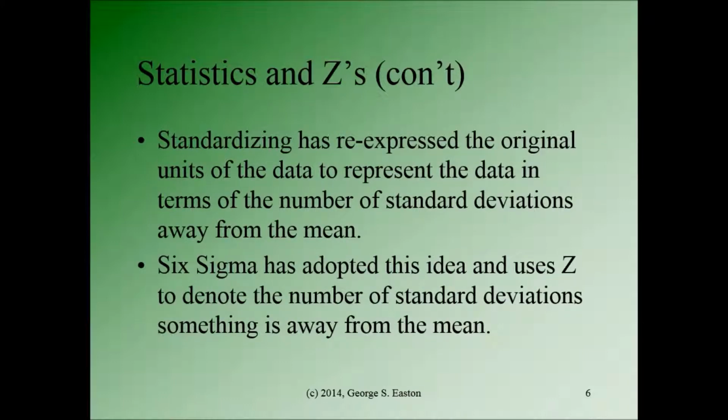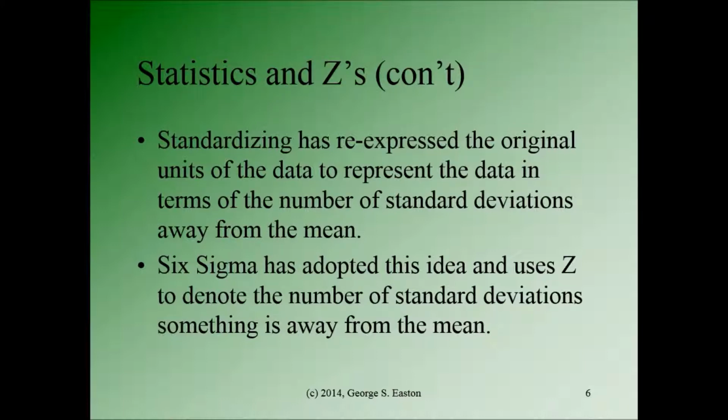So what standardizing has done is re-express the original units in terms of the number of standard deviations away from the mean. Now if the value of Z is, for example, 2.1, we know that the statistic is 2.1 standard deviations above the mean.